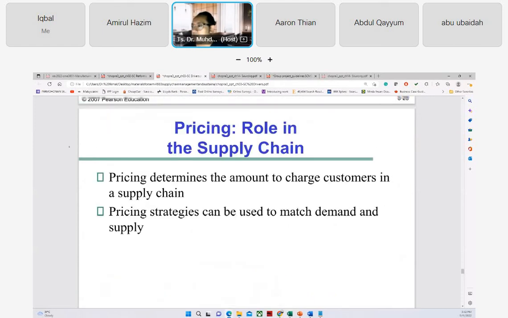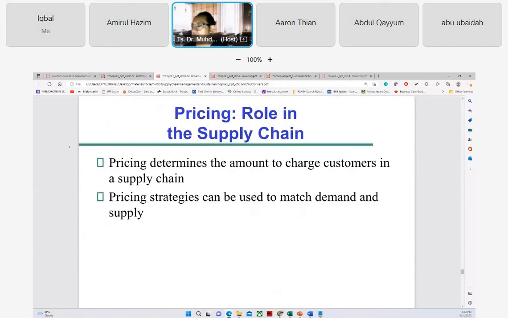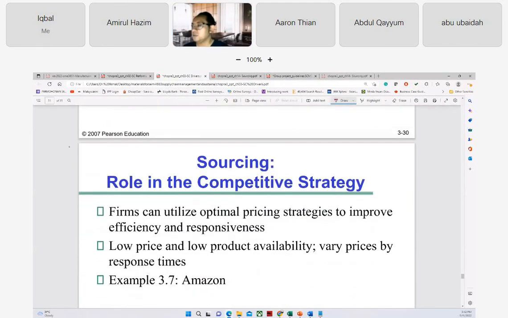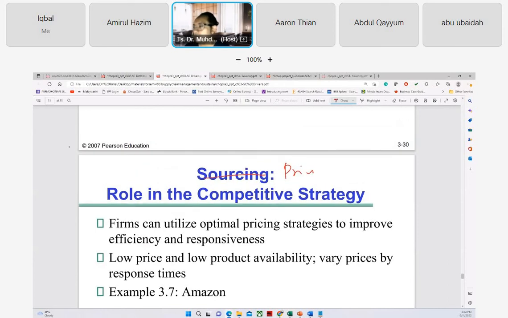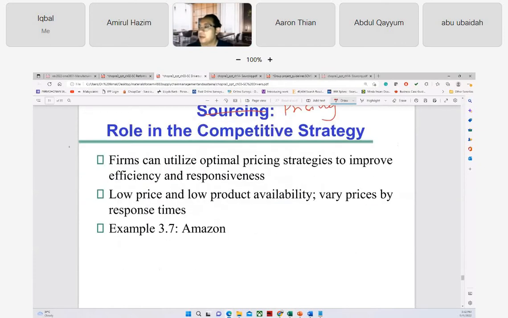So the roles in the competitive strategy, pricing, sorry, this one is for sourcing. Okay, so it has relation. Okay. Firm can utilize optimal pricing strategies to improve efficiency and responsiveness. See that?